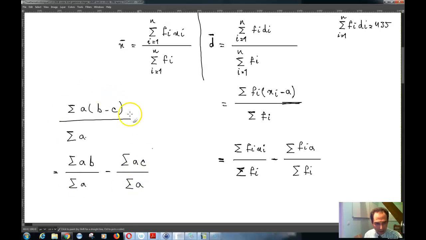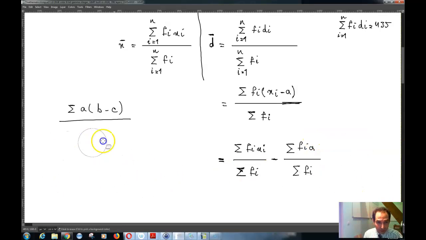That you can always do. Of course, there could be some limitations on these numbers, but I suppose you can take these as all real numbers. So anyway, this does work.